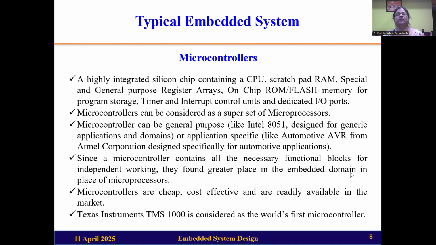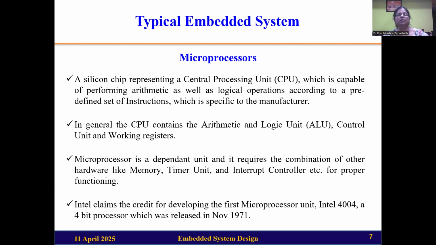Similarly, the difference between microprocessors and microcontrollers: before dealing with the differences, let us see what a microprocessor is. You all know already. The microprocessor is the processor. Before the microcontroller evolved, the microprocessor was in demand. It is going to have the central processing unit, that is a combination of ALU and control unit, a memory unit, and it is going to have all the peripherals externally connected to the processor IC.